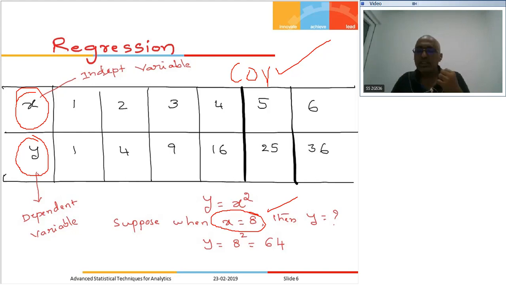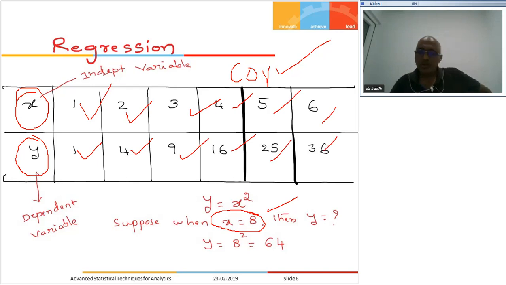So for this, what we require is some relation between the two variables. Here in this case, it is very easy for us to identify a relation. If you see, 1, 1, 2, 4, 3, 9, 4, 16, 5, 25, 6, 36.